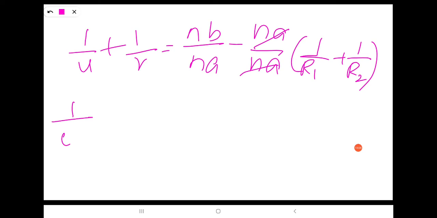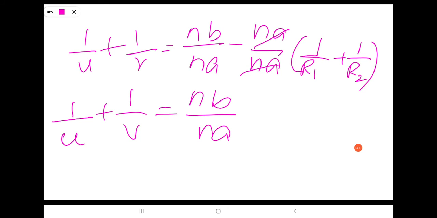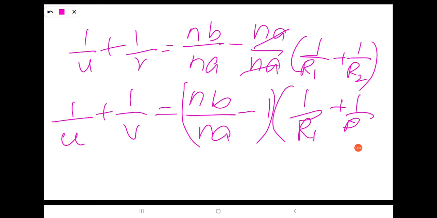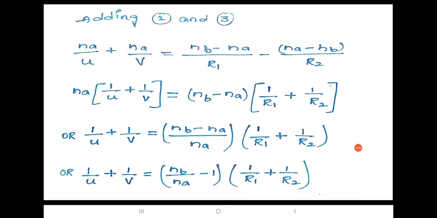What is remaining? 1/U plus 1/V equals (NB/NA minus 1) times (1/R1 plus 1/R2). So this is derived for the specific case of the convex lens.